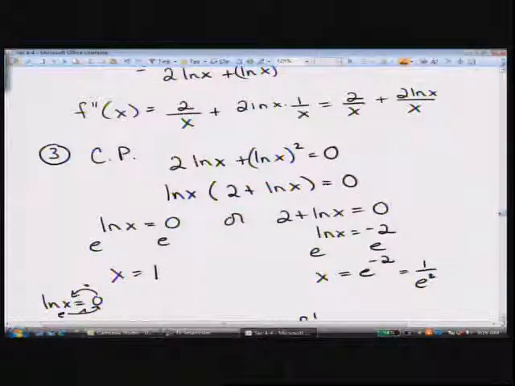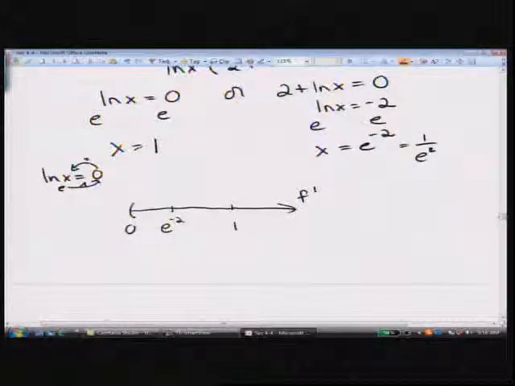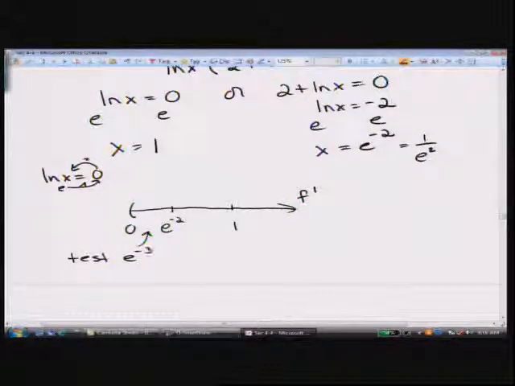So if you test e to the negative 3 into your derivative, you would do f prime of e to the negative 3. And remember, all you're trying to figure out is whether it's positive or negative. So let's see if we can do this without a calculator.